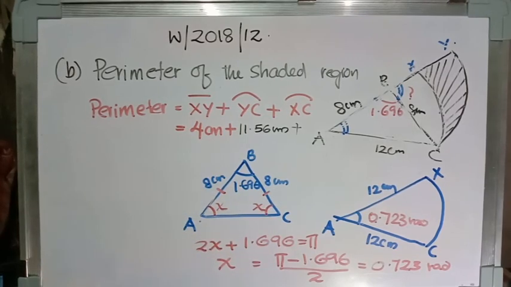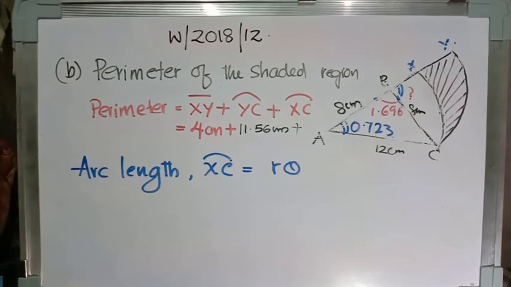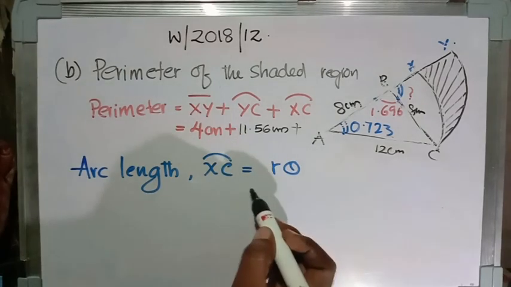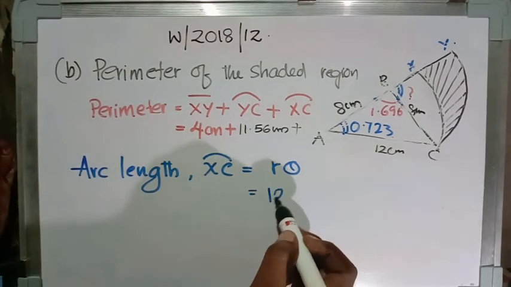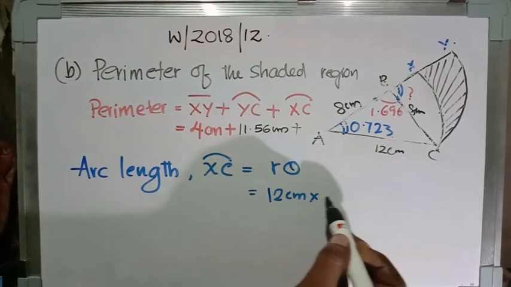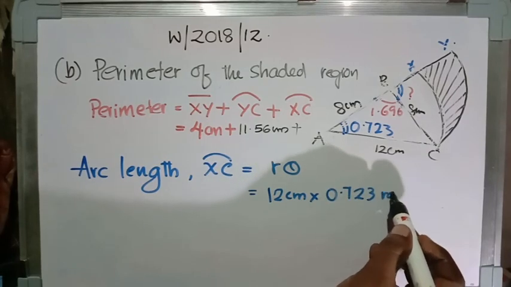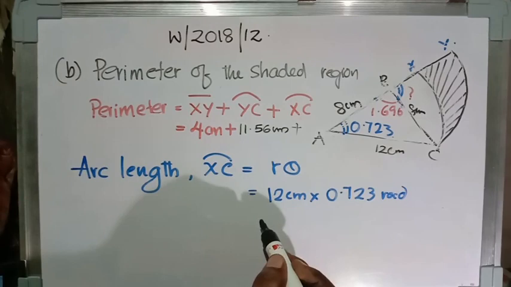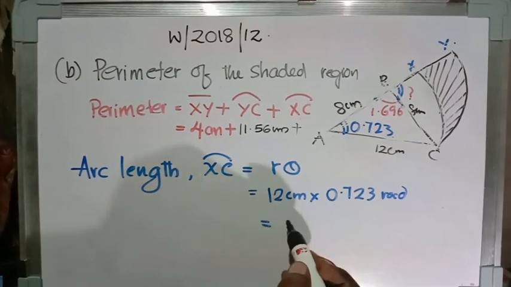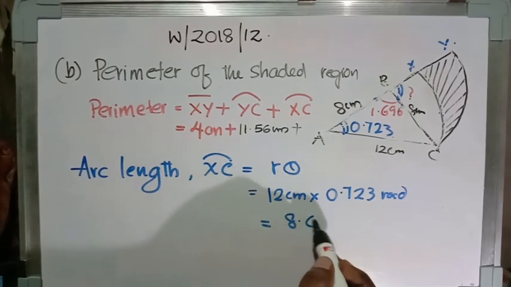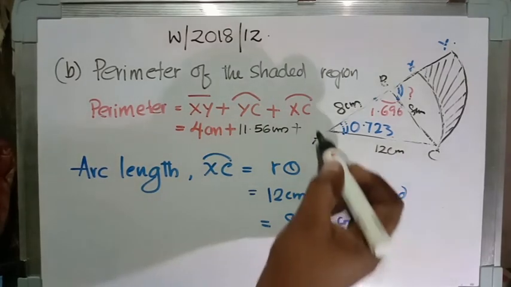So now let's find the arc length XC. Arc length XC is equal to r theta, which is equal to 12 centimeter into theta is 0.723 radian, which is equal to 8.67 centimeter.